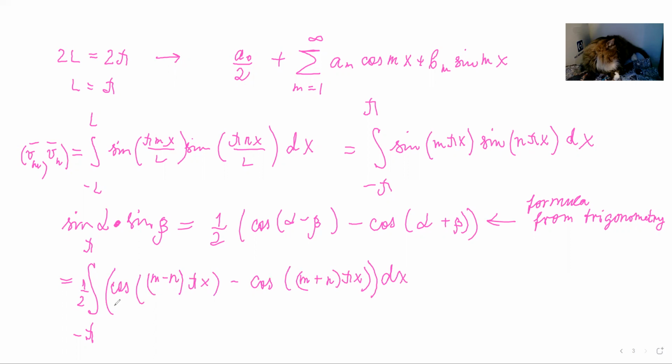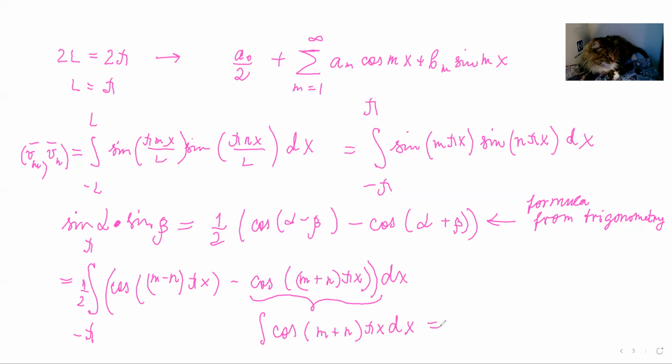I think maybe I will integrate one of these cosines. I don't want to integrate both of them. Let me do the integral of this cosine to show you a special rule which we're going to have. So I'm going to take the integral of cosine of m plus n pi x dx and show you what is going to happen.